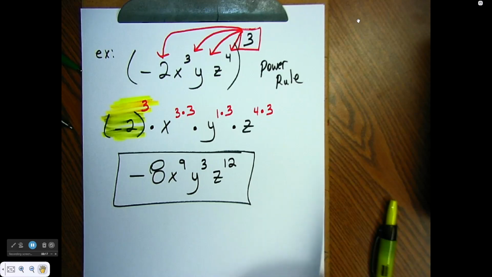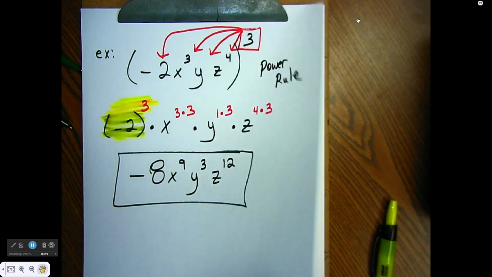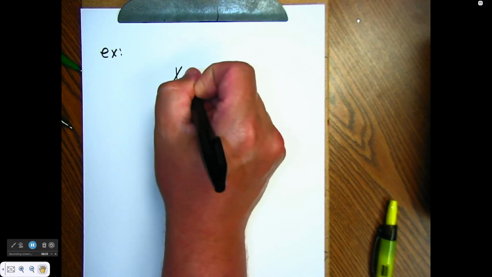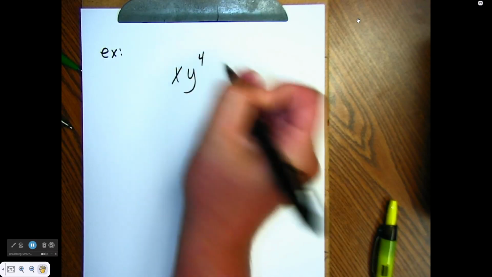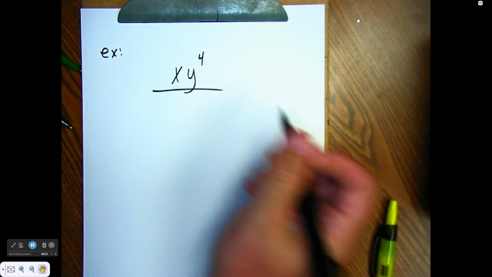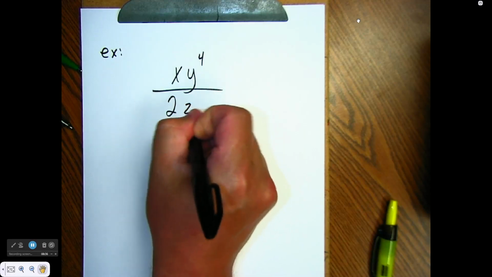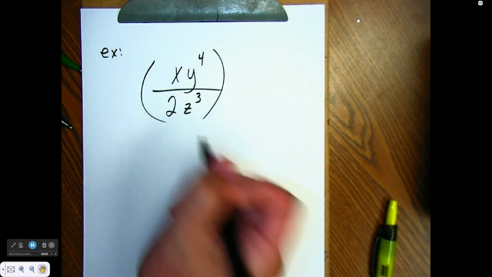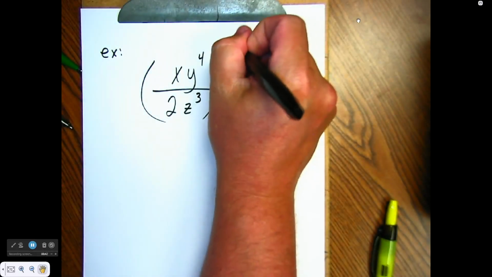Let's look at another example. x, y to the power of 4, all of that will be divided by 2z to the power of 3, and that entire quantity will be all raised to the 5th power.